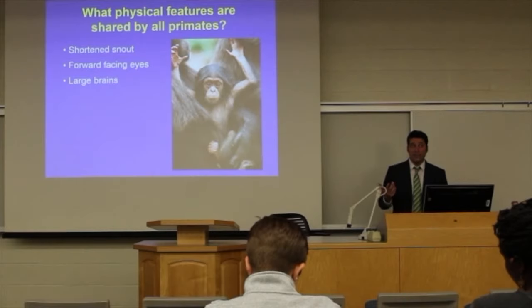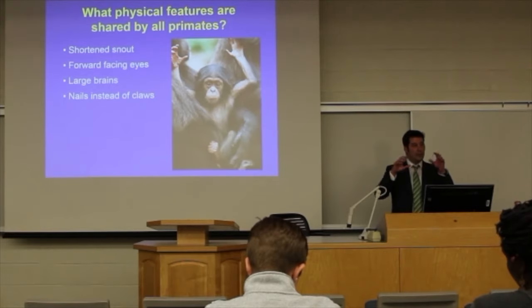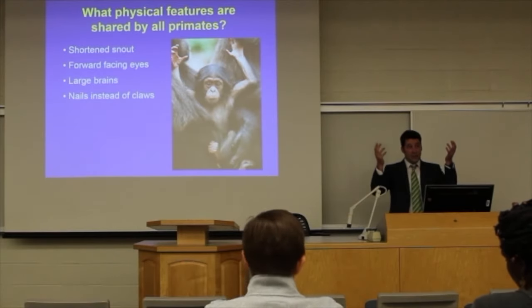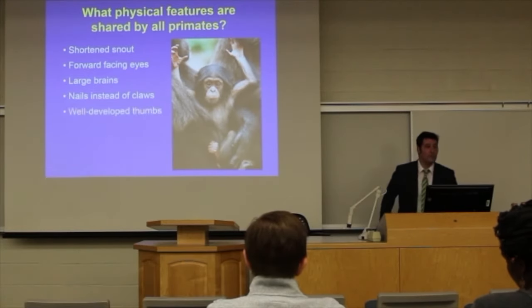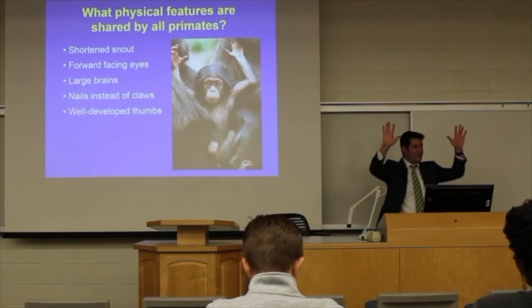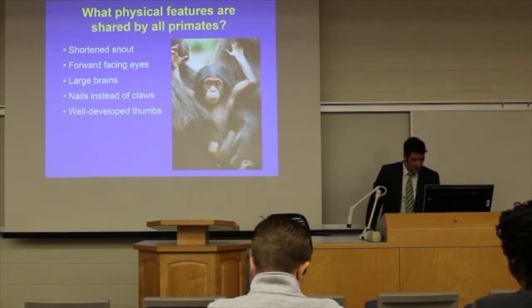Relatively large brains for their body mass. Instead of having claws, like most mammals, primates have nails on the ends of their fingers, right? Reptiles have claws, mammal-like reptiles have claws, most mammals have claws, but primates have nails. That's different. That's something that unites us all. We have well-developed thumbs. All primates have well-developed thumbs.